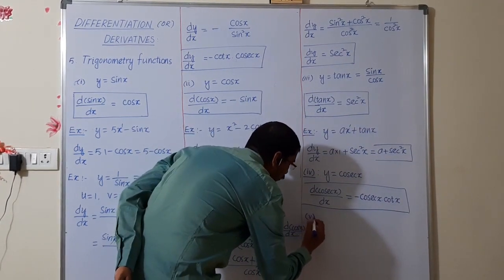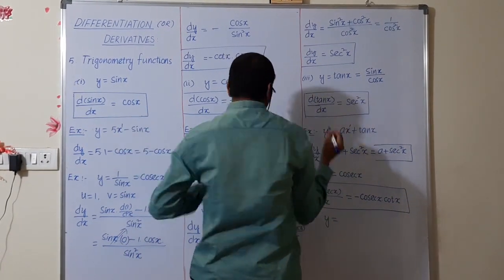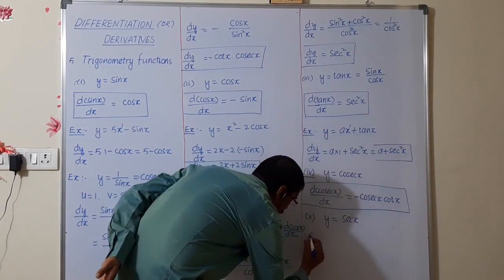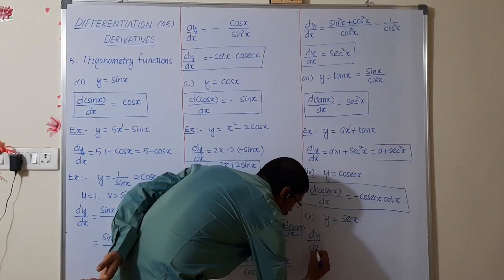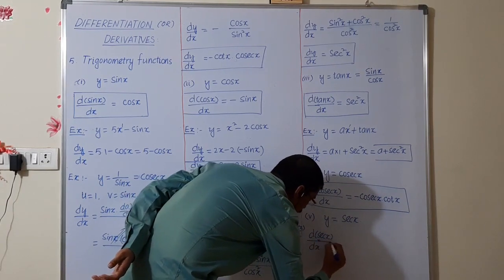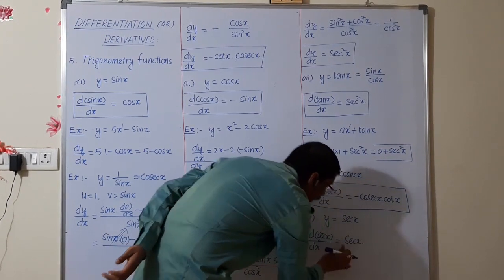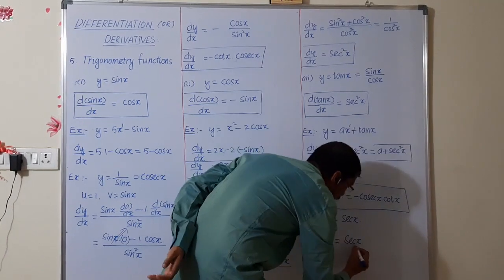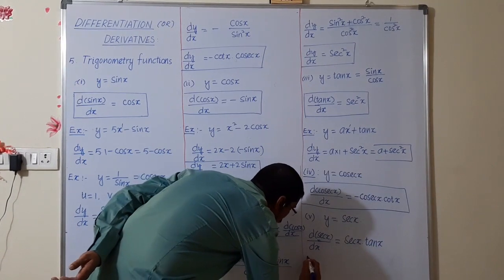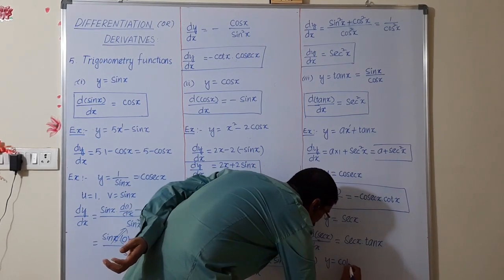Now the fifth one, y equals the reciprocal of cos. The reciprocal of cos is sec x. Now dy upon dx: y is sec x, and sec x is related to tan, so we can write sec x into tan x. The last one, the sixth, y equals cot x.